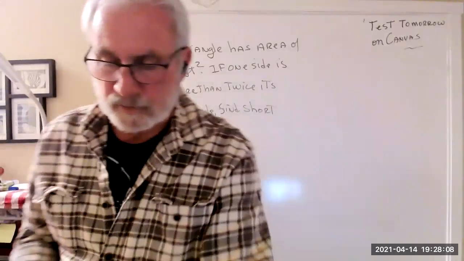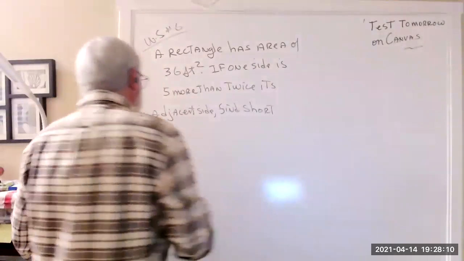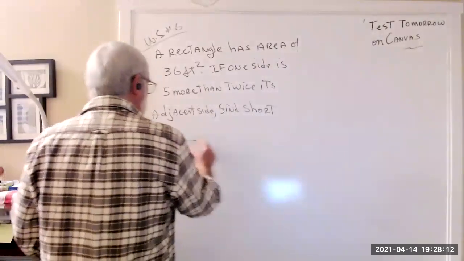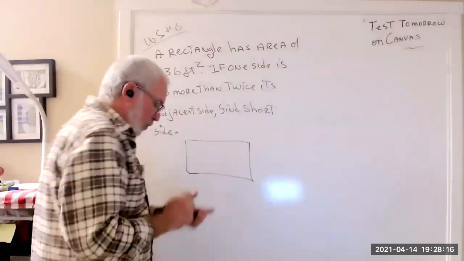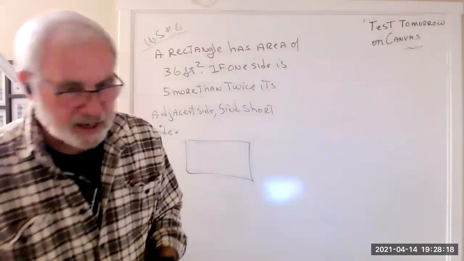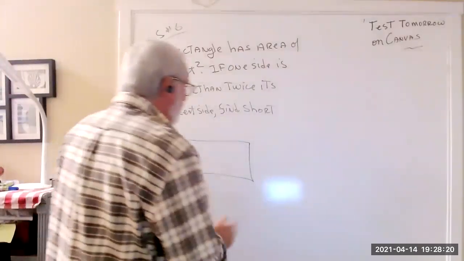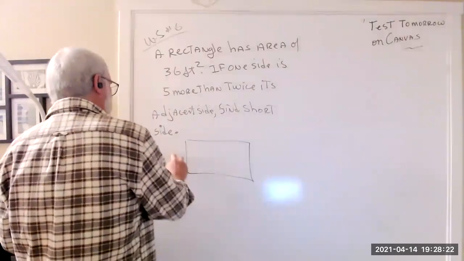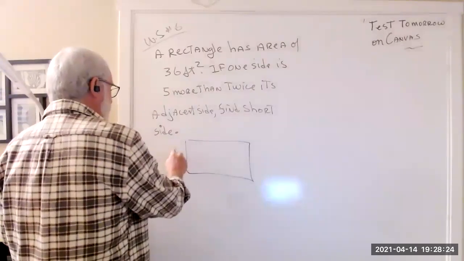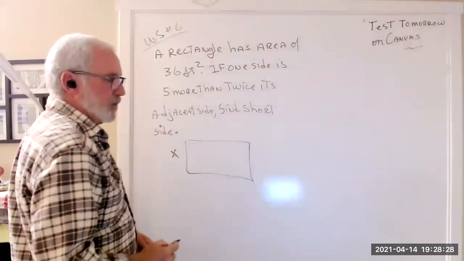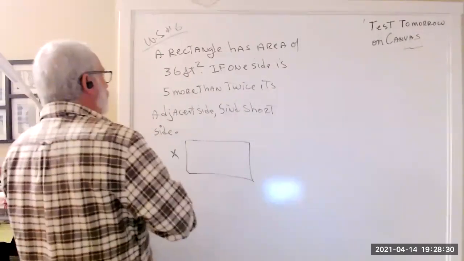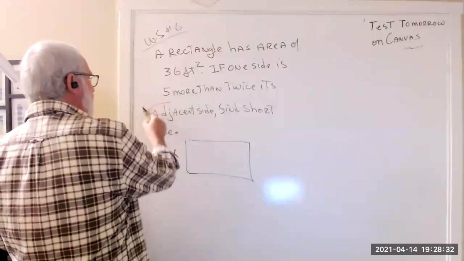Okay, here we go. So we start with a rectangle, and we have to worry about the English. Somebody has to be X. So let's call this side X. Somebody has to be X. Okay, what does the word adjacent mean?